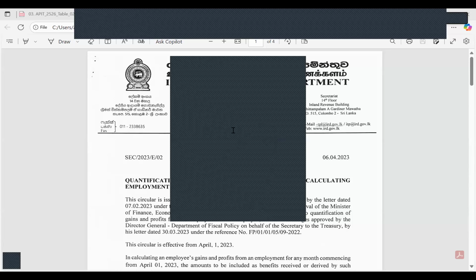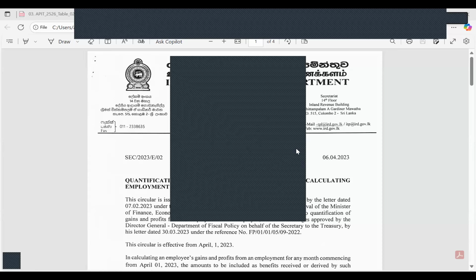Is that possible? Actually, it can be, because it is based on the agreement between that employer and employee whether to make the payment monthly or not. I don't know your question. It is not clear whether that is with regard to the employer-employee payment, that means salary payment, or any service fee. So if it is a salary payment, it depends.